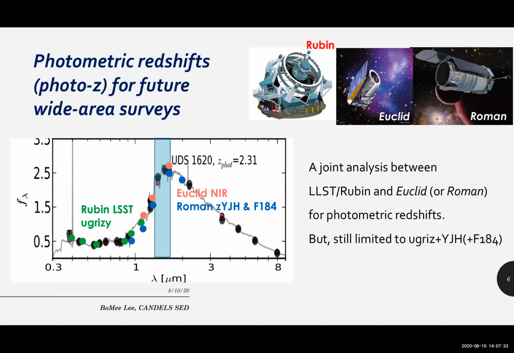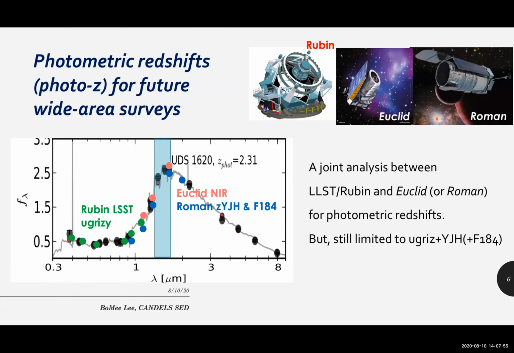Weak lensing is one of the main science goals of the future wide area surveys with Rubin, Euclid, and Roman. To map a 3-dimensional weak lensing map, we need photometric redshift estimates. The photo-z precision requirement of those surveys is stringent.